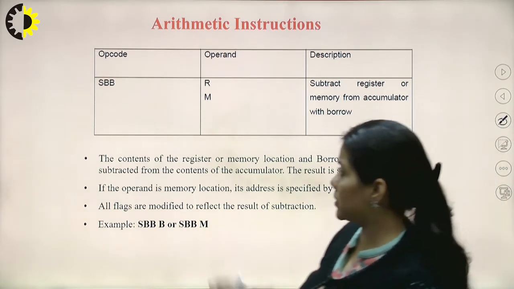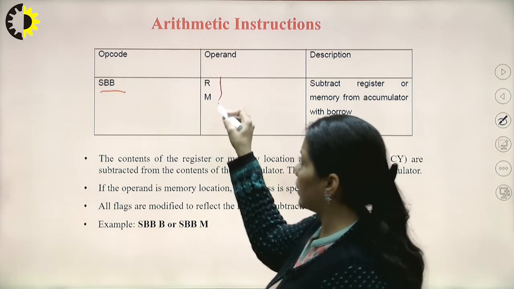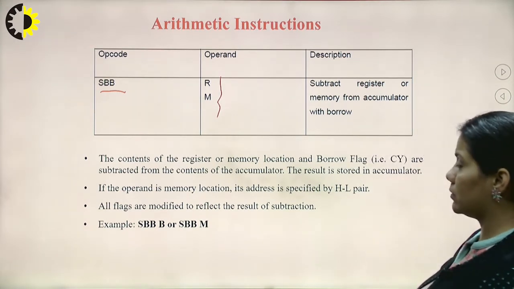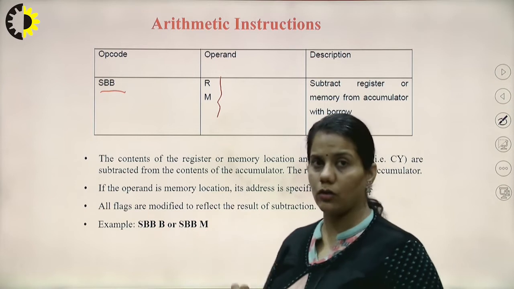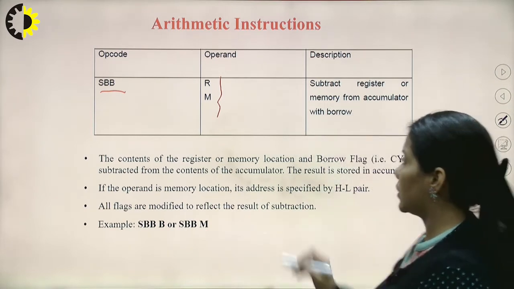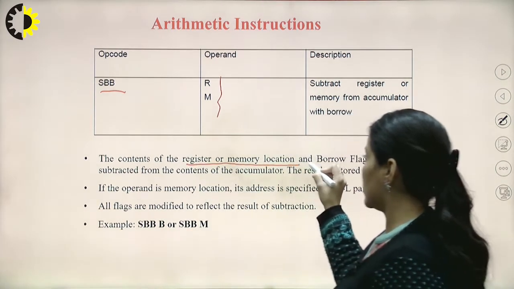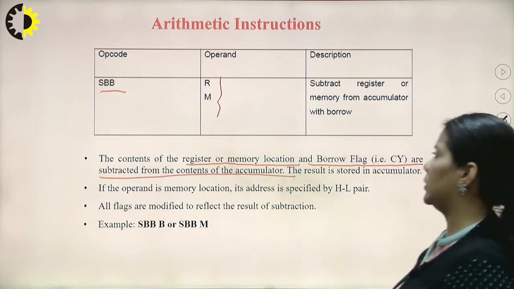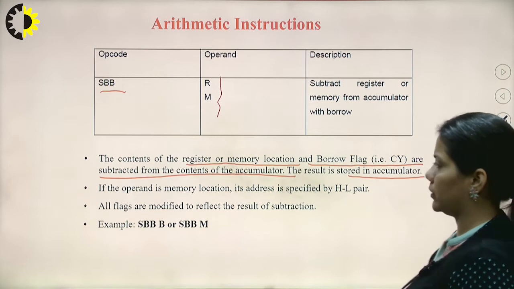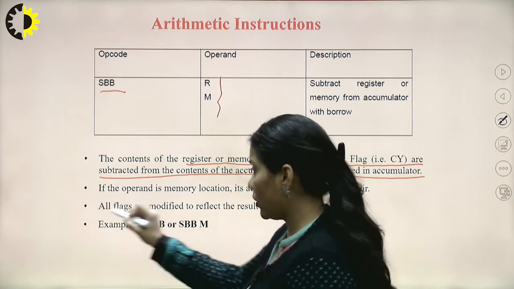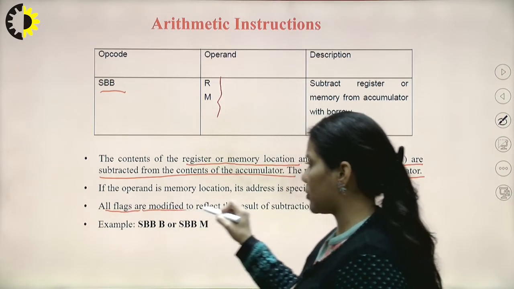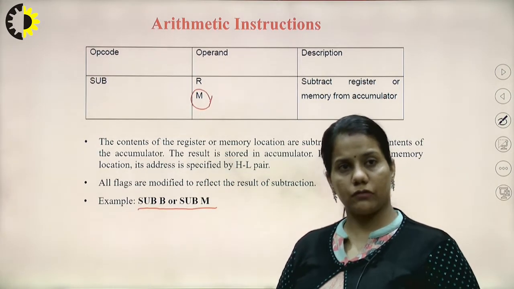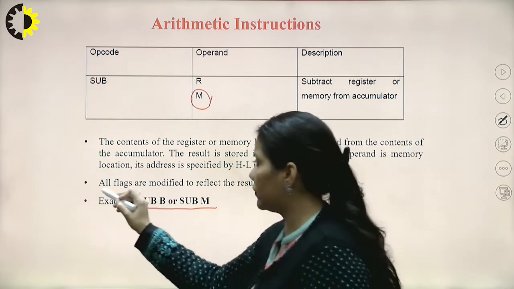Next instruction in this category is SBB R or M. It's similar to the ADC instruction. It will perform the subtraction along with the borrow. So the contents of the register or the memory location and the borrow flag are subtracted from the contents of the accumulator, and the result is stored in accumulator. We have to note that all the flags are modified to reflect the result of subtraction. Similarly, in the previous instruction also, all the flags are modified.